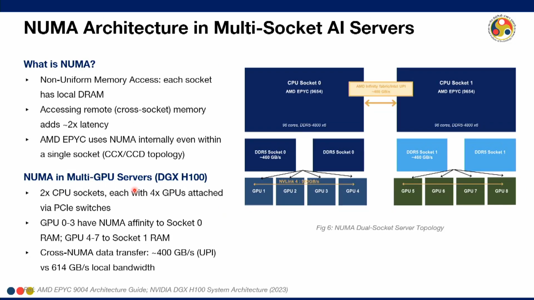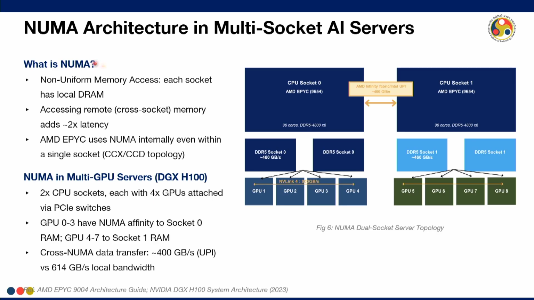Now we are talking about multiple distributed systems, and when we talk about these server grade AI machines, we have to talk about NUMA architecture, which is non-uniform memory access, because we no longer have a single unified system.